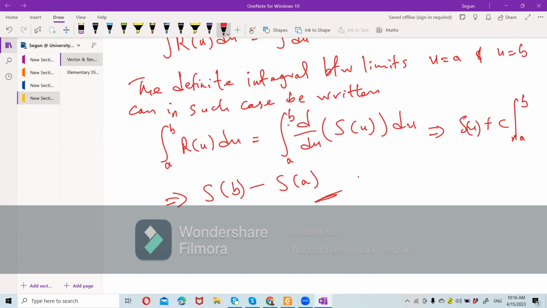So that is what it's talking about. But now let's look at the application of it: line integral.